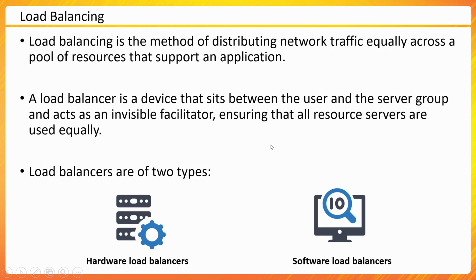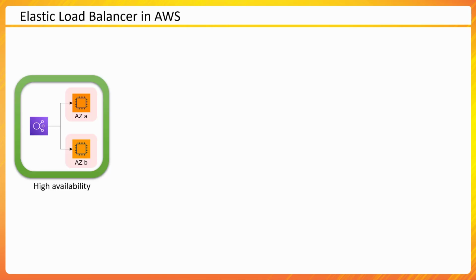So the question comes: how does AWS allow me to use a load balancer, and why would I be using one, in what context do we use a load balancer in AWS? Let's talk about it. First, a load balancer in AWS can help me achieve a highly available architecture. Like you see here, I am running my application services maybe in AZ-A and AZ-B, availability zone A and availability zone B. And I have one single interface which is receiving requests and then forwarding them to the respective availability zone.